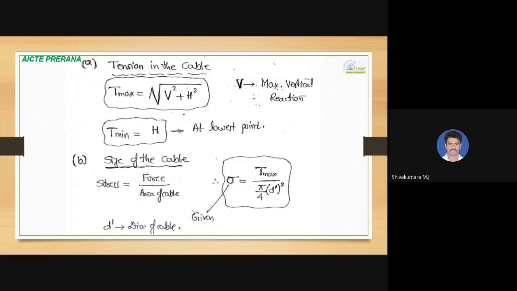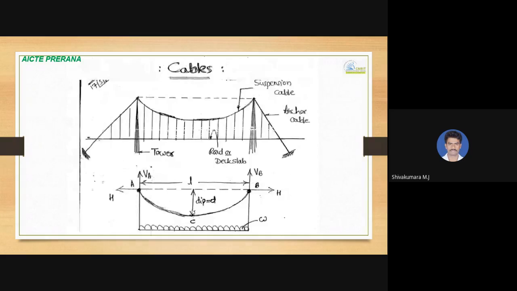So when it comes to the analysis of cable, we may have to determine the tension force in the cable, both maximum tension force and minimum tension force. Maximum tension force is root of V square plus H square, where V is the maximum vertical reaction and H is the horizontal reaction. At this portion where exactly the tower is placed, we determine the horizontal reaction force and vertical reaction force.